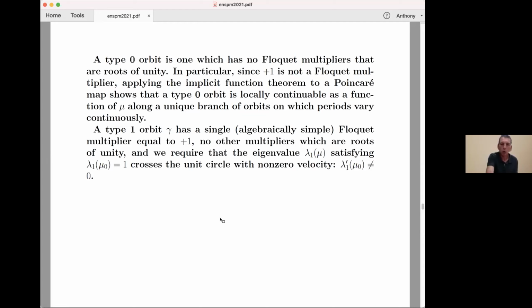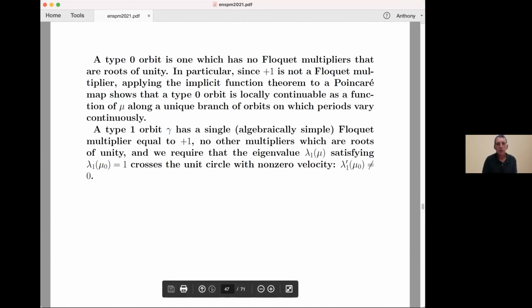A type 1 orbit has a single algebraically simple Floquet multiplier equal to +1, and no other multipliers which are roots of unity. There's also a condition on the speed of the eigenvalue crossing the unit circle: it has to cross with non-zero velocity.